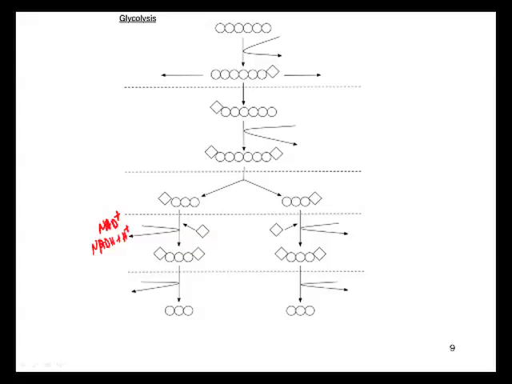Now at the same time, this P-gal is going to be oxidized, and we're also adding a phosphate to it.